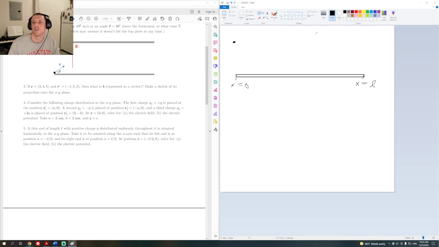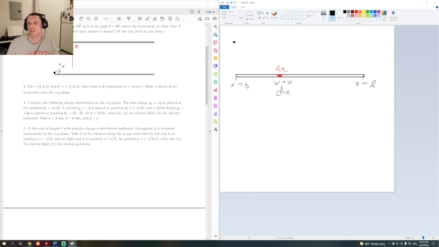So then what we want to do is the same thing as always. We shade in a little bit of charge dq, like here, maybe I'll say this is dq, and this is at x equals x, and it has length dx. Right?